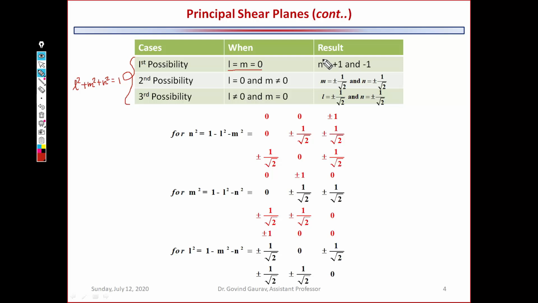In such a case the value of N can either be plus 1 or minus 1, because we know the relationship between the direction cosines as L square plus M square plus N square is equal to 1.